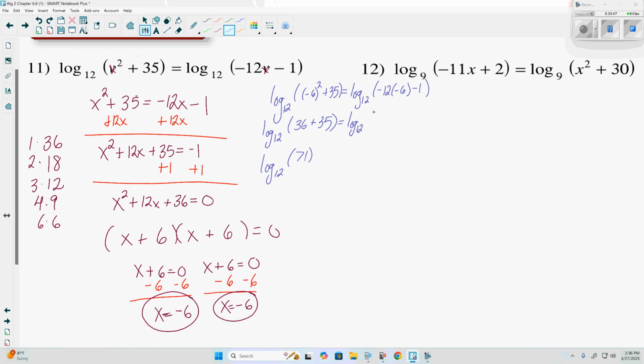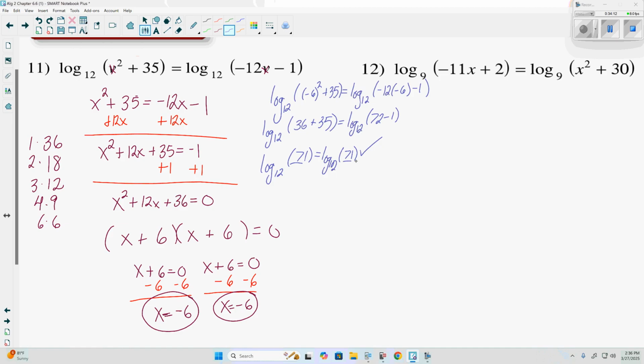Let's look at the right side. Negative 12 times negative 6 is going to be positive 72. And 72 minus 1 is 71. They are indeed equal to each other, and the numbers we end up inside the logs are both positive. So even though the solution was negative, what we ended up inside the logs is positive. So it works.